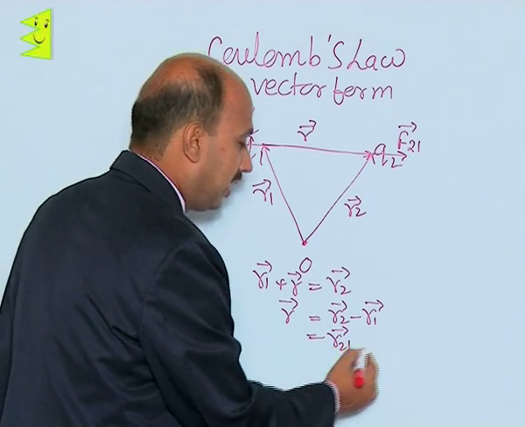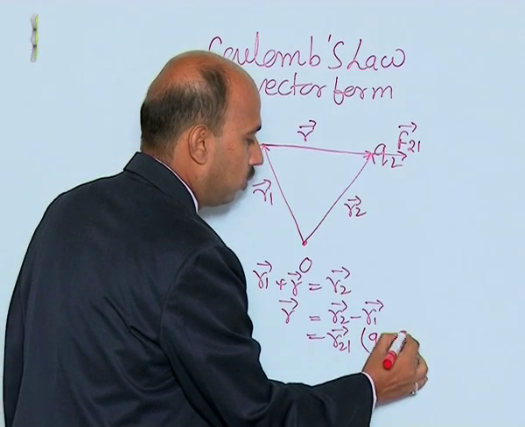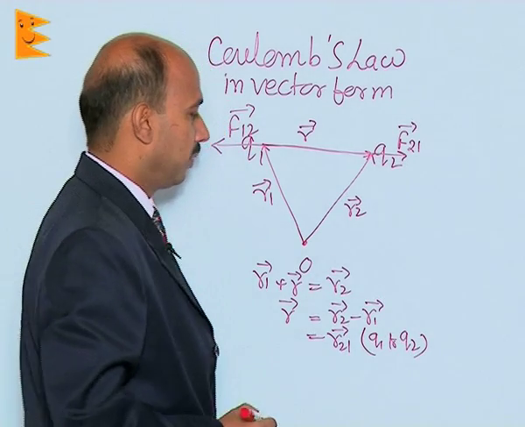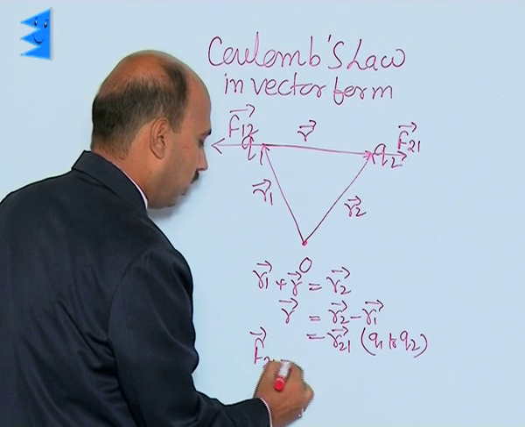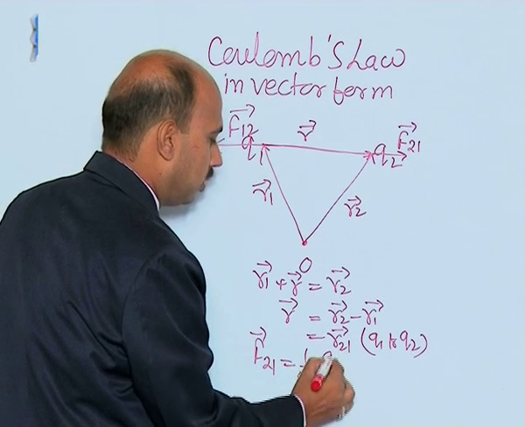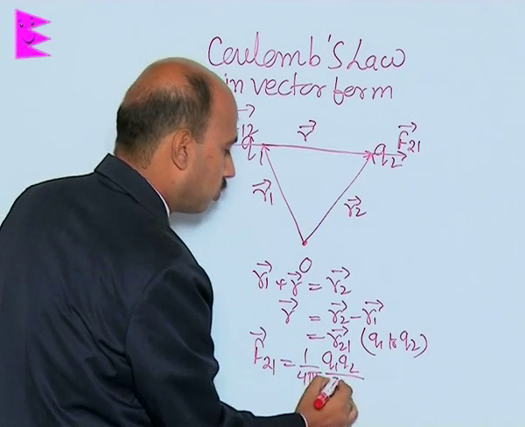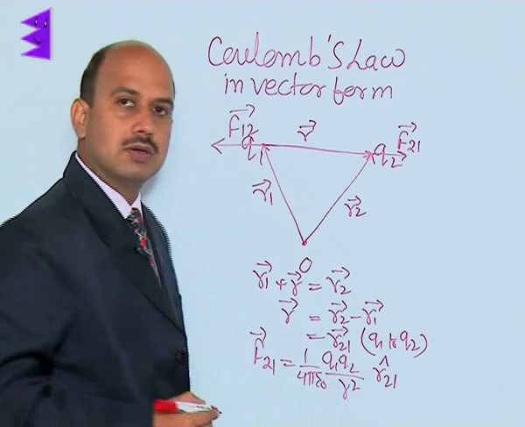It means its direction is from q1 to q2. So we can write F21 vector is equal to 1 upon 4 pi epsilon naught q1 q2 upon r square into r21 unit vector.